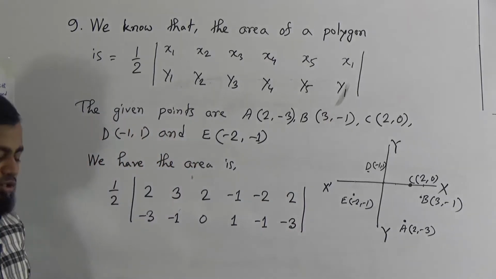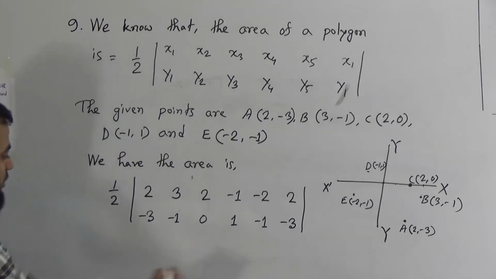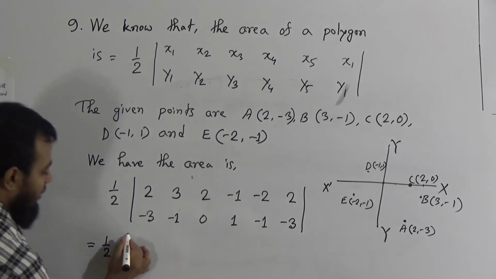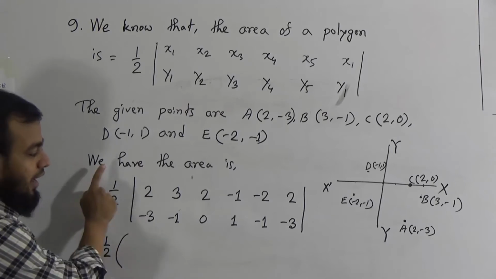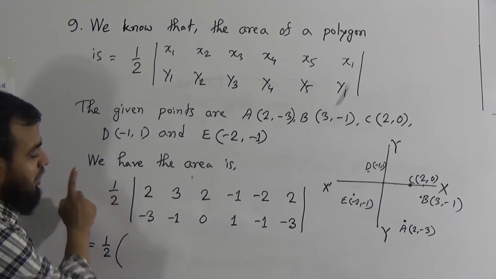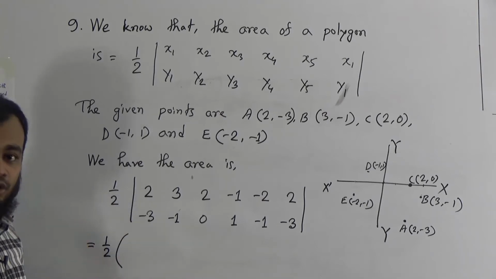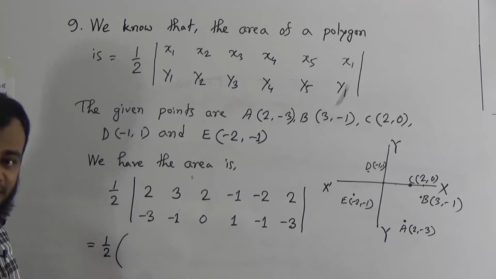But we need to show that this is equal to 11 square units. So find this value. The half remains unchanged. Now we should multiply here. If we go from top to bottom, we take a positive sign, always going from left to right. If we go from bottom to top, we take a negative sign.